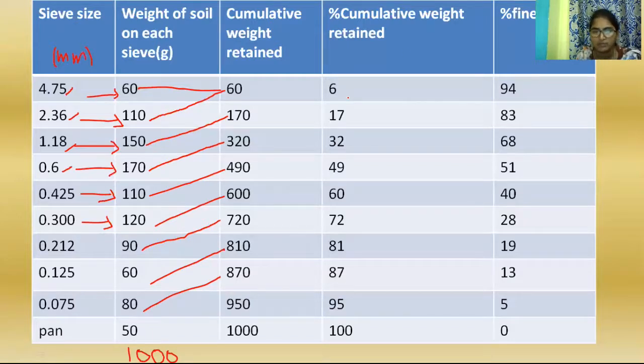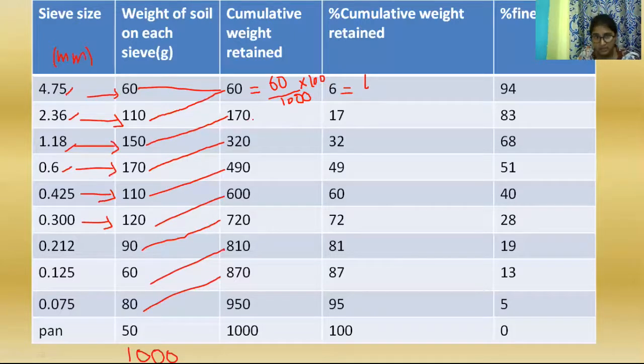The cumulative weight retained on a particular sieve is divided by how much sample was taken, 1000, and multiplied by 100. So 60 divided by 1000 into 100 is equal to 6.